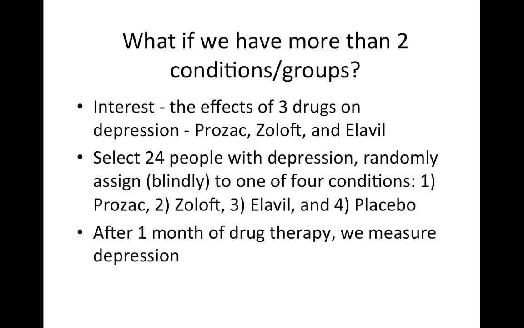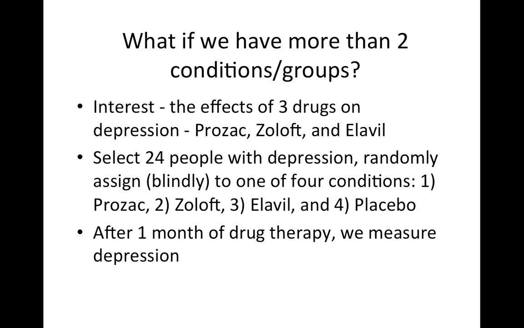So we say that that's a blind study because the participants don't know what treatment condition they are in. The reason we blindly assign people to conditions is that we don't want their expectations to affect the outcomes. We don't want them to be sort of happy that they got in one condition versus the other.